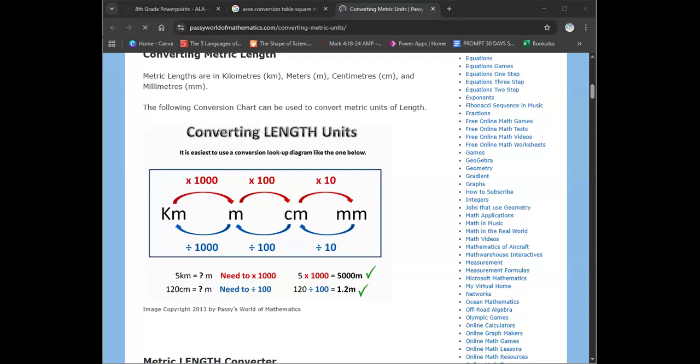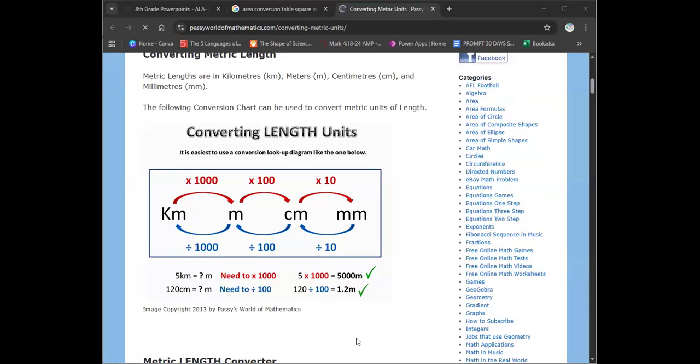All right. So confirm if you can see my screen. Can you see my screen? Yeah. Okay. Now, did you notice that, like I said, the lowest is millimeters, right?